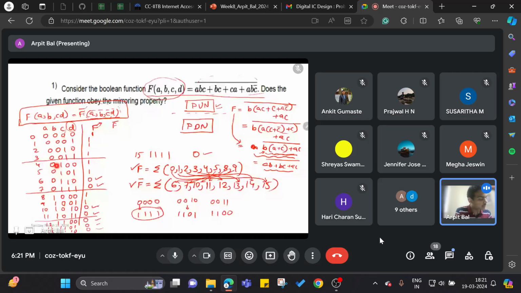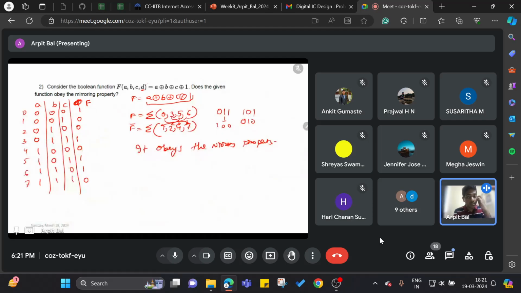So let's say f is equal to summation of 0, 3, 5, 6. 0 can be represented like this in 3 bits.